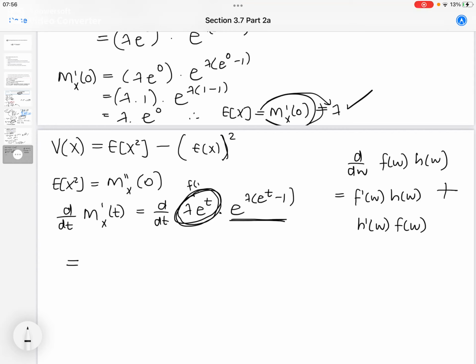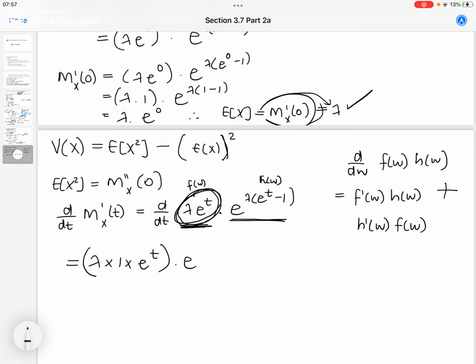If this is our f(t) and this is our h(t), then the first derivative of our first function there is lambda; the derivative of e to the power t, remember we're deriving with respect to t, is 1 times e to the power t.